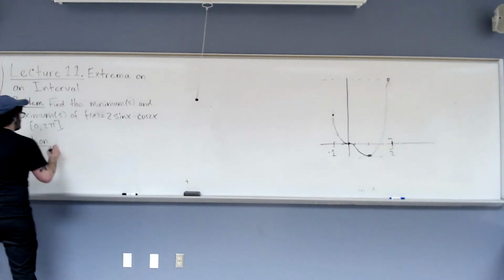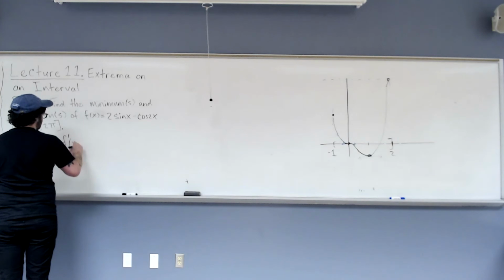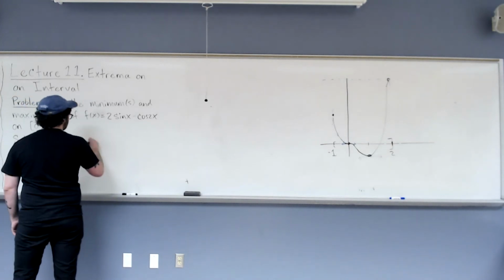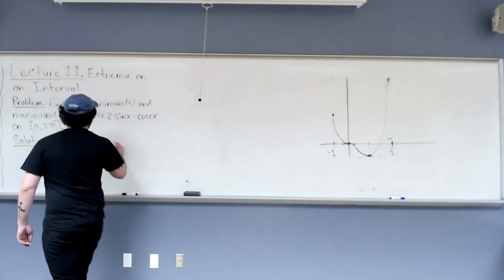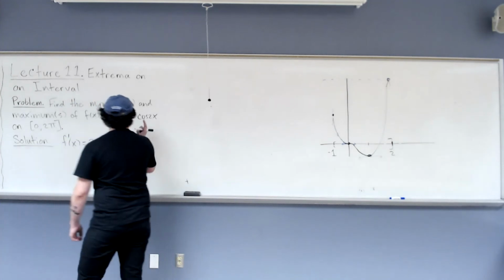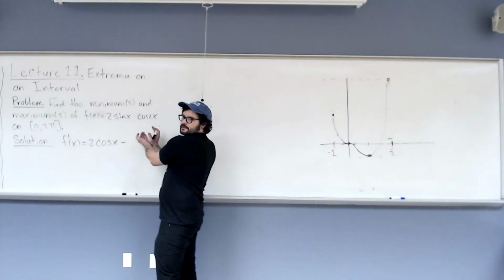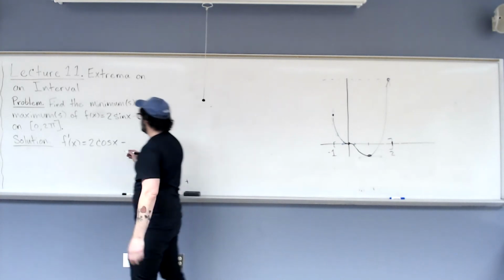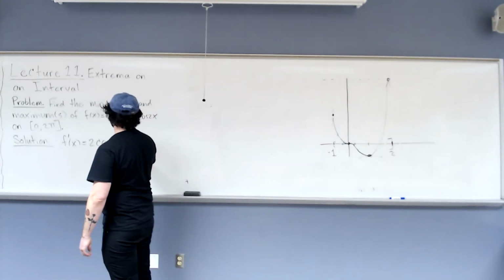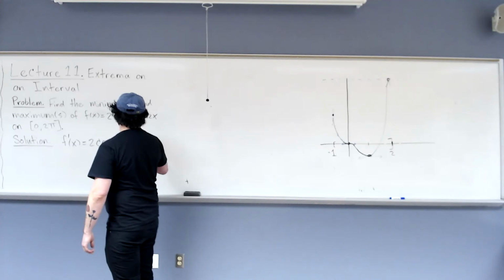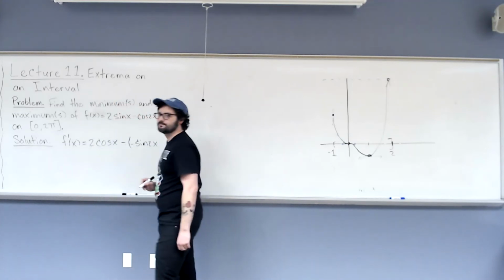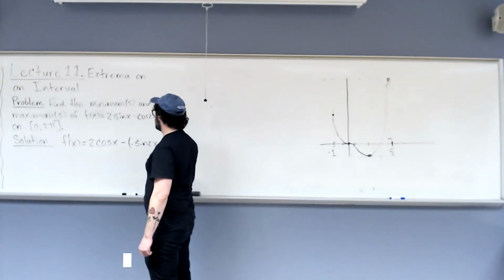All right, so f prime of x is equal to 2 times cosine of x minus, you have to use the chain rule here. Derivative of the outside is negative sine of 2x, times the derivative of the inside.